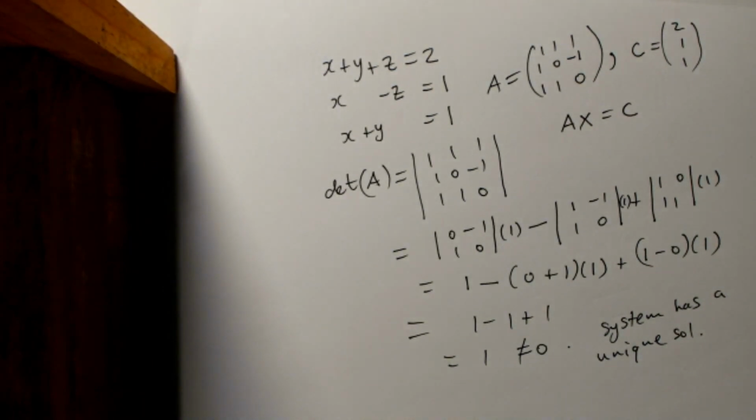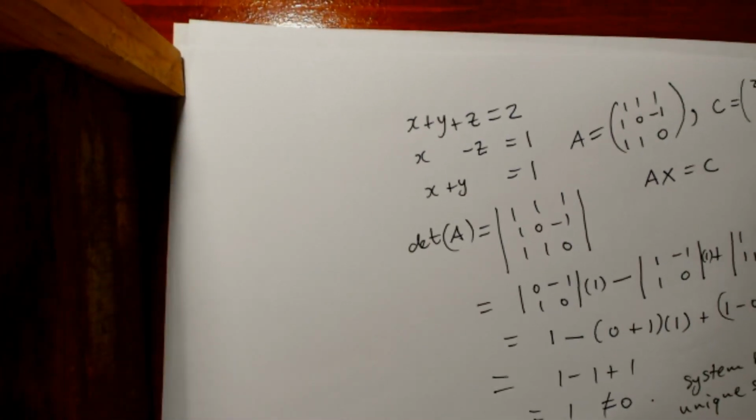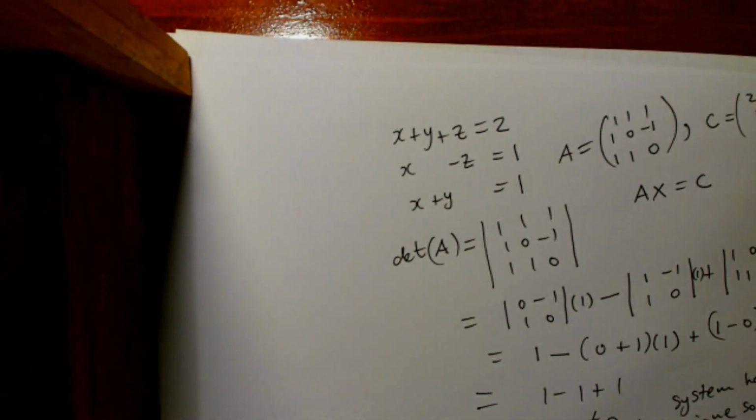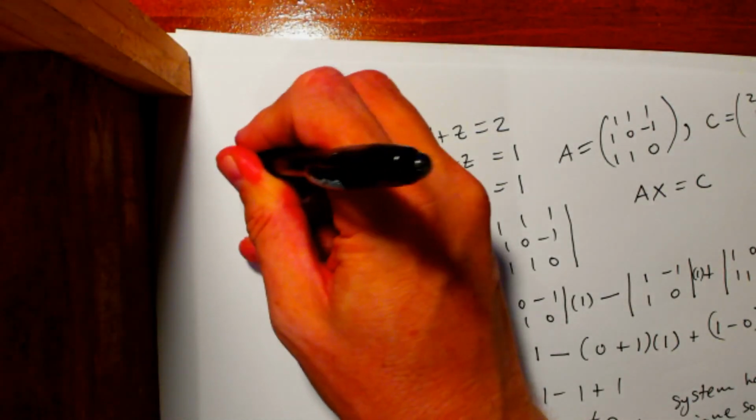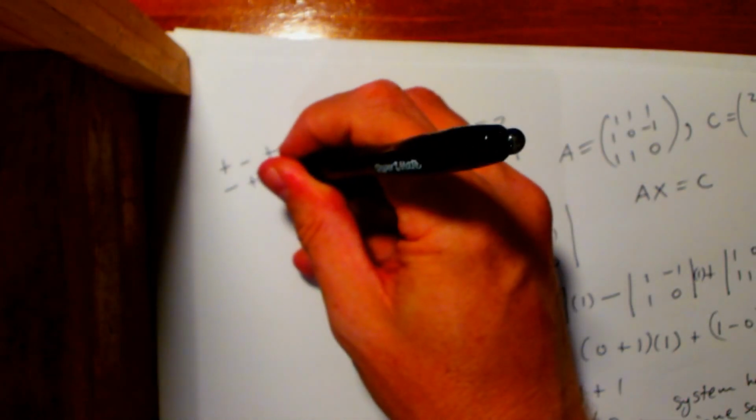Alright, and so the next part says find it, but I'm going to take a little bit of a digression here and say, well, you could also calculate this determinant by expanding across the first column, for example, or the second column, and it's the same process. You just have to pay attention to this checker pattern of plus and minus signs when you do so.